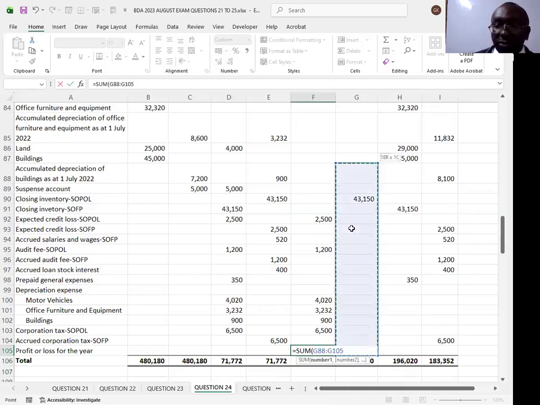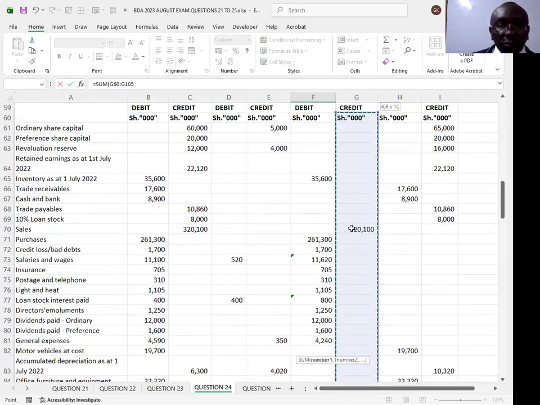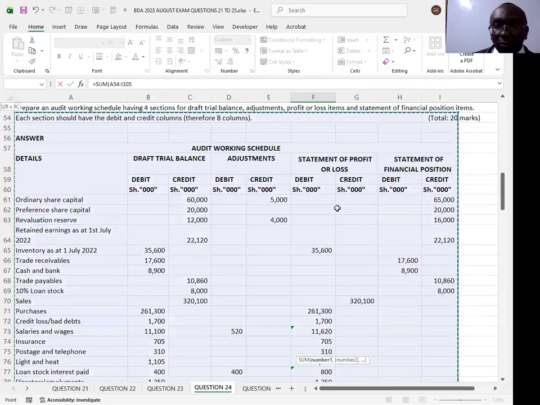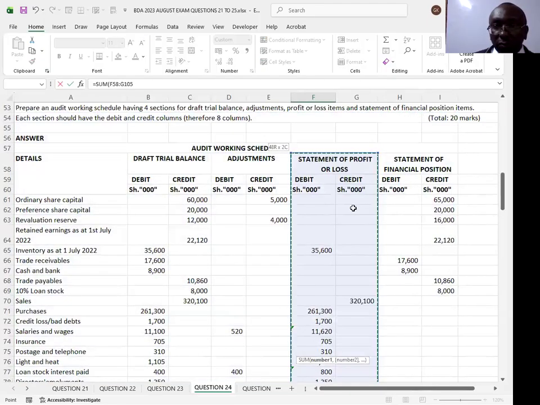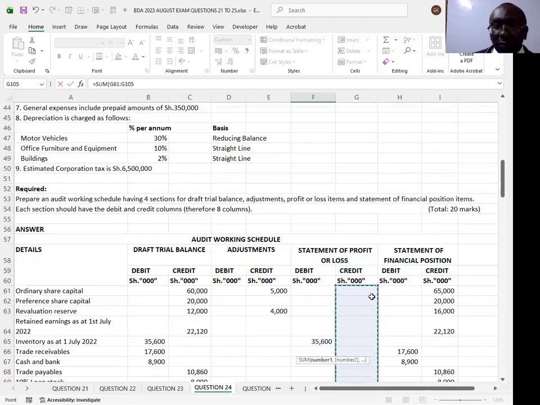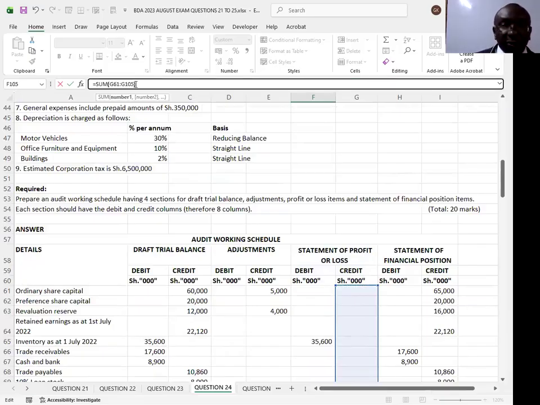Ukibie nayo juu. Mpaka hapo. Close the brackets.